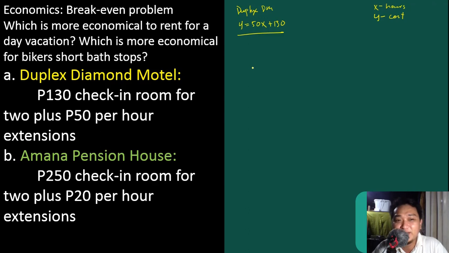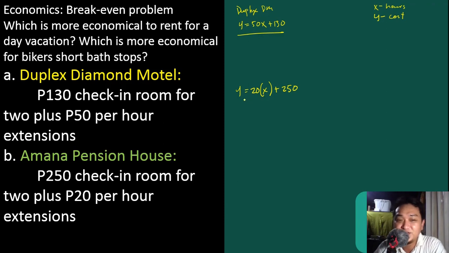Paano naman sa Amana Pension House? Again, magkano yung per hour nila? That is 20 pesos, so that is 20 times X. Kung ilang oras ka nag-stay doon, times mo lang sa 20, yun yung babayaran mo, yung cost. Plus, syempre, meron tayong fixed charge agad na 250 pesos. Pag check-in pa lang natin, 250 agad yung charge.